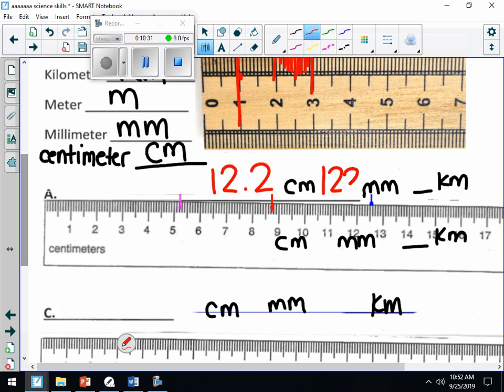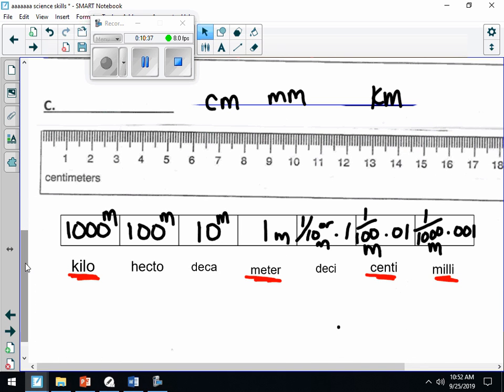I'm not going to do the kilometers for you. You can use your chart as a clue if you want. On the bottom, here's your centimeters. Pfeiffer told us each time you move, it's a base of 10. So if I'm going this way, I'm moving 10, 100, 1,000, etc. You got the idea?